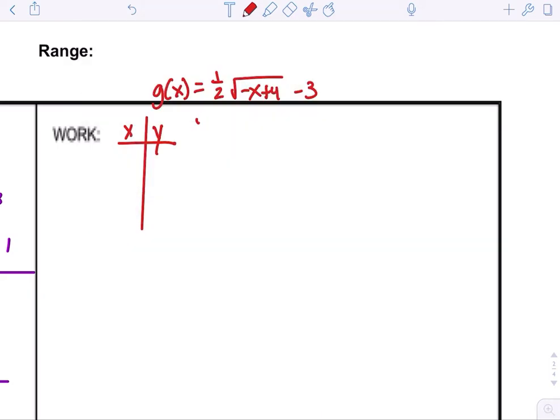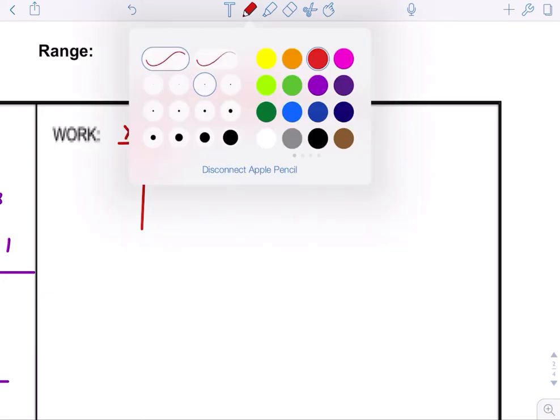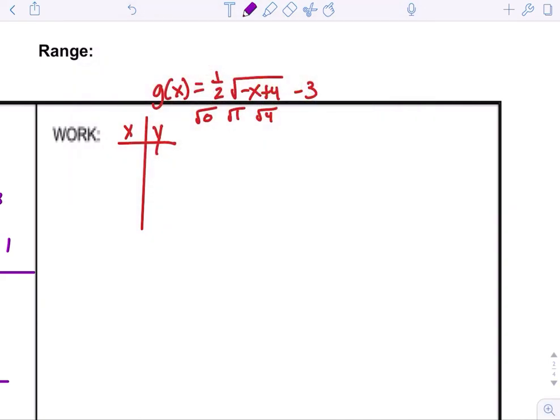So remember, here are just some good points to graph for the first 3. What value of x will we plug in order for us to get a square root of 0? That is going to be when x is equal to 4. So we're going to get 1/2 square root of negative 4 plus 4, minus 3.